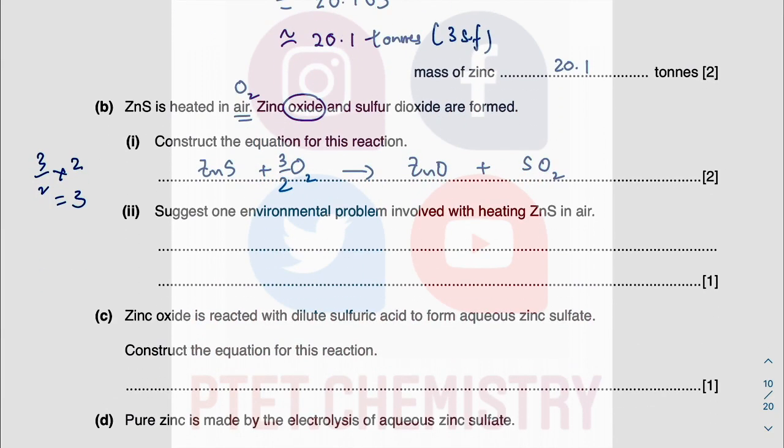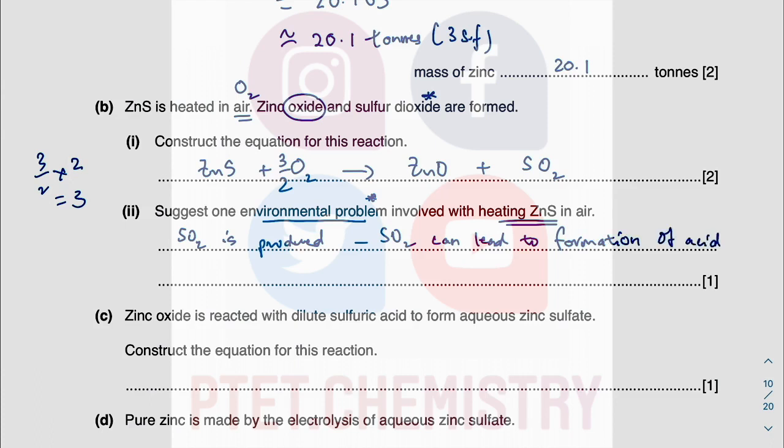Alright? So what is the environmental problem when you heat ZnS in air? They already told you it forms SO2, so you need to outline why SO2 is an environmental problem, okay? So SO2 is produced. SO2 can lead to formation of acid rain. So it's not the SO2 that forms the acid rain, but the SO2 can lead to the formation of acid rain via the SO3 route.